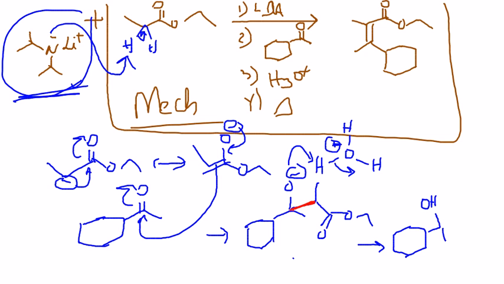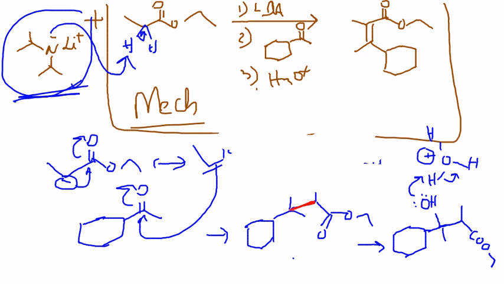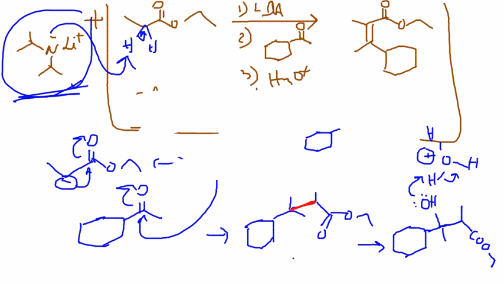And of course, since we are heating that, we have acid that's going to go through another round of protonation so that it gets protonated. OH2 with a positive charge, COOEt.